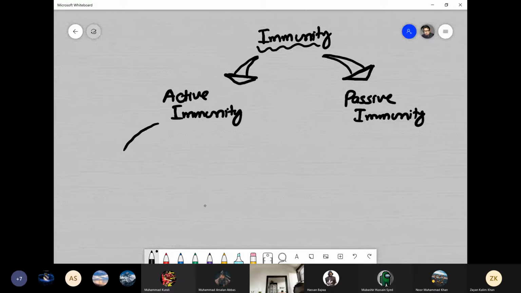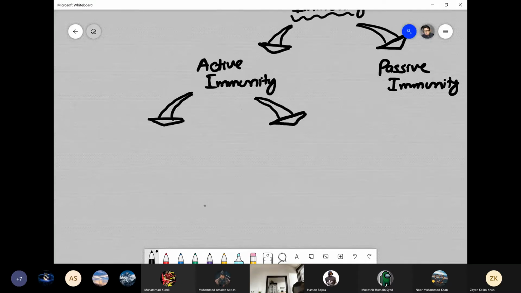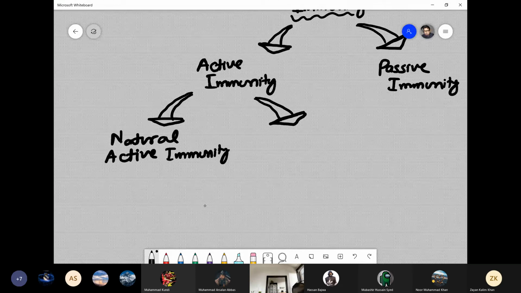Even the active immunity is divided into two types. One type of active immunity is called natural active immunity, and the second type is called artificial active immunity.